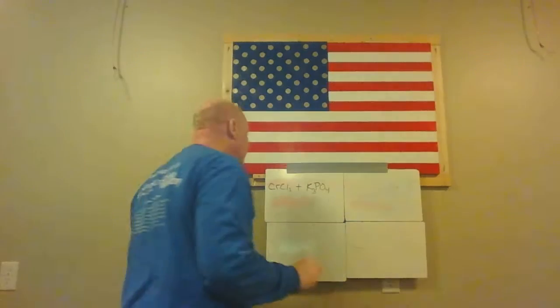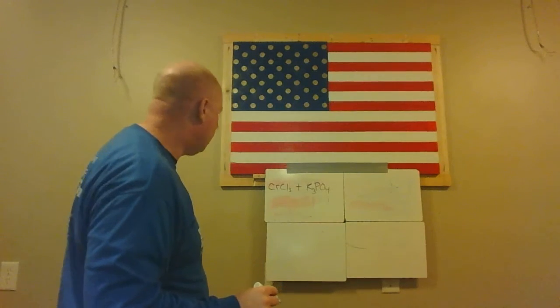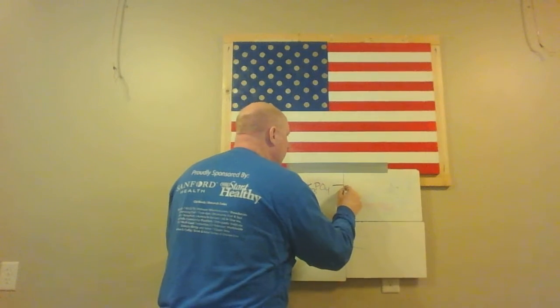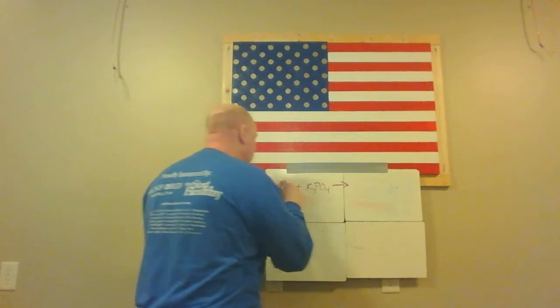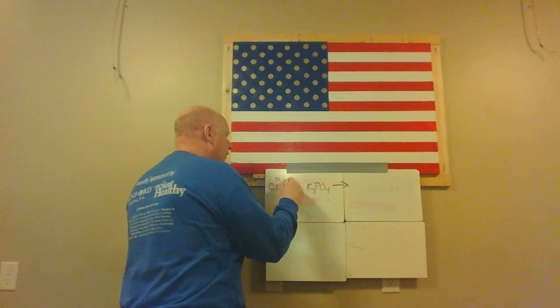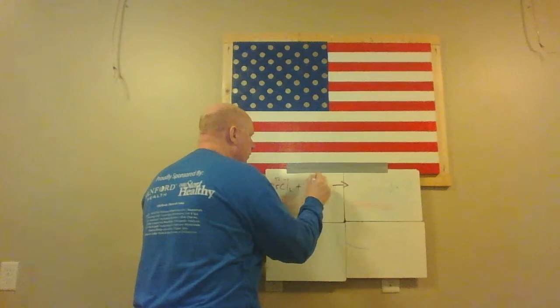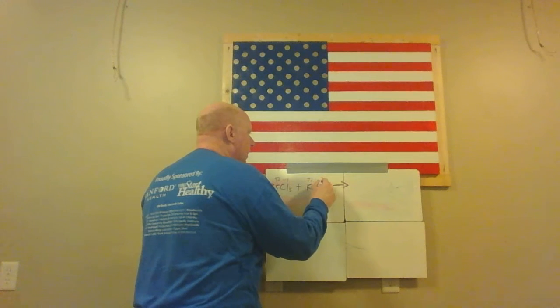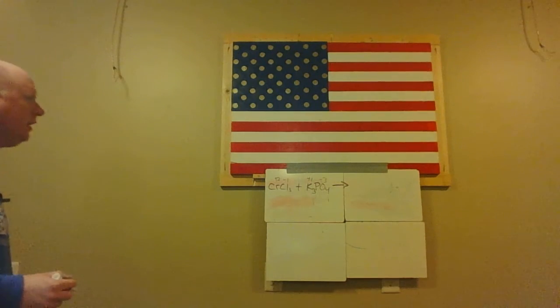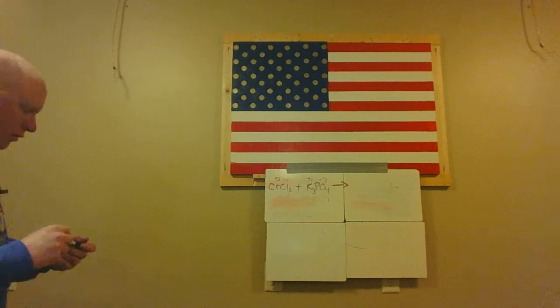And remember, the charges will not change from one side of the equation to the other. Chromium is +3, chlorine's -1, potassium's +1, and phosphate's -3. So when these go to the reactant side, the charges again do not change.